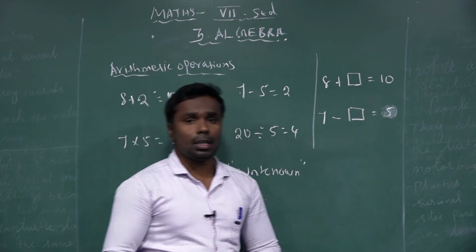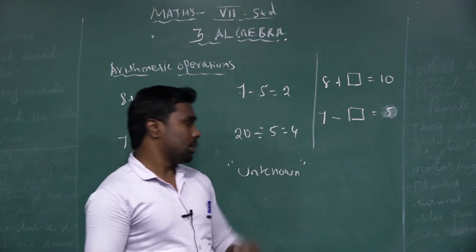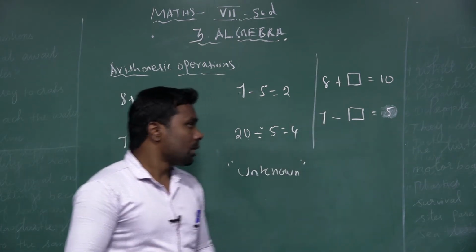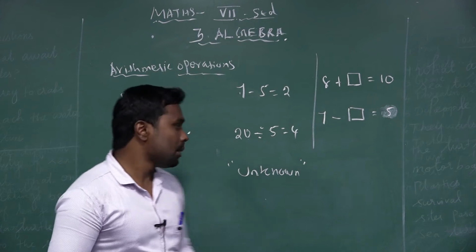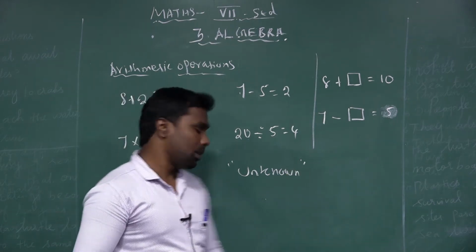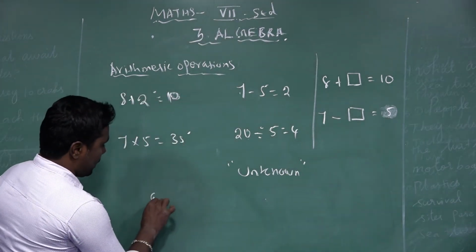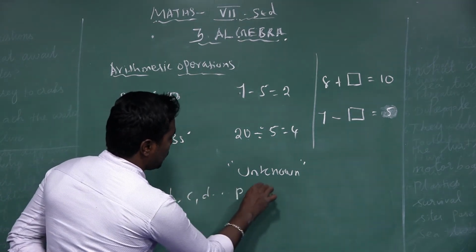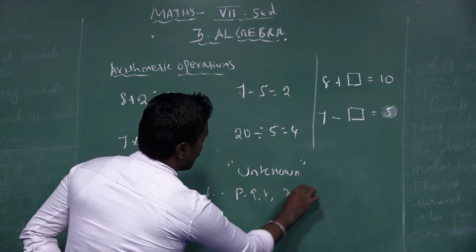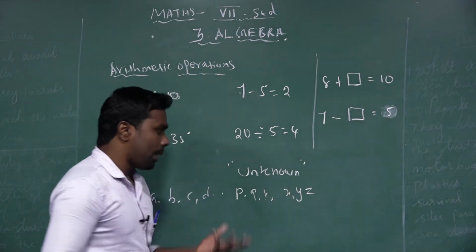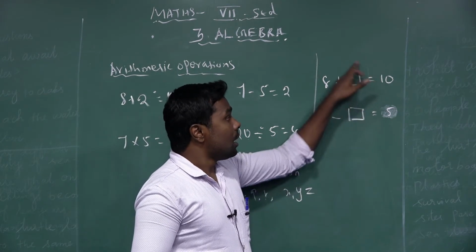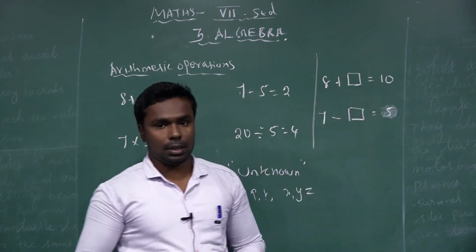But every time we can't use words like empty place or unknown. So in algebra, we denote the empty place by letters of the alphabet. That means A, B, C, D, P, Q, R, and X, Y, Z can be any letter. So, instead of using the empty place, we use letters.